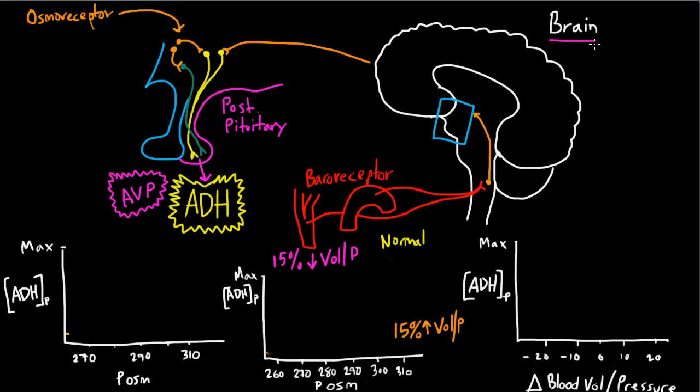So the brain doesn't want to shrink or swell, so the brain is the organ that is in charge of secreting antidiuretic hormone. That could help. So there are two main stimuli for the secretion of antidiuretic hormone.